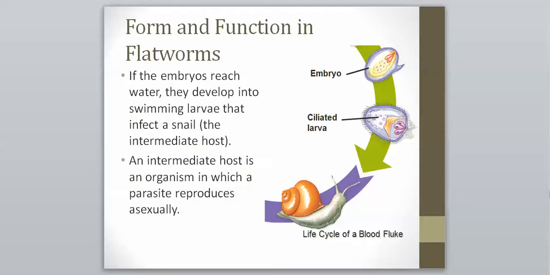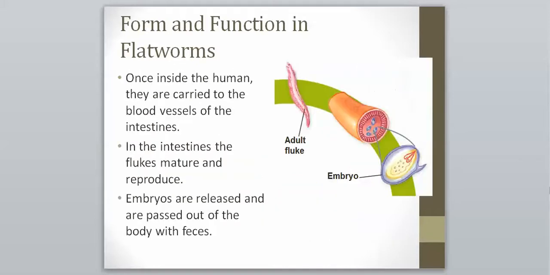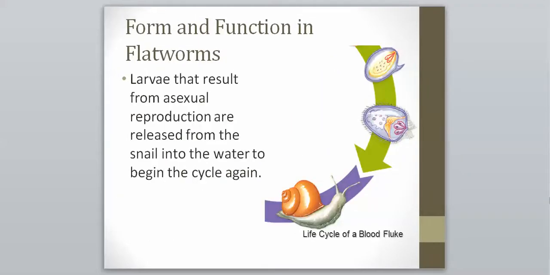So after the embryo leaves the human in the form of feces, if it lands in the water, it will grow into that larva, and then that larva will come around and infect a snail, which is again the intermediate host. Then larvae that result from asexual reproduction are released from the snail into the water to begin the cycle again. And remember, right back in the beginning we had our lady standing in water. So this tailed larva is going to make its way back into our human to start the process over.